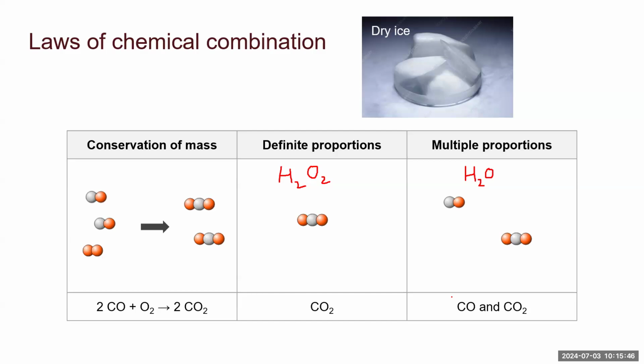So definite proportions has to do with this specific compound having this specific ratio of atoms to one another. Multiple proportions are, there are a number of different compounds that are made up of oxygens and hydrogens, and they have different ratios to one another. Does that make sense? Okay.